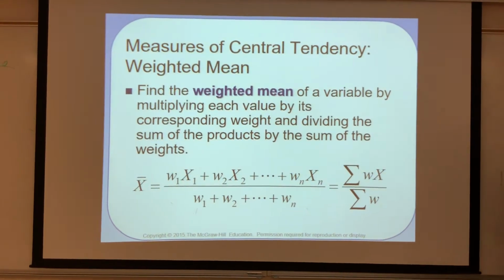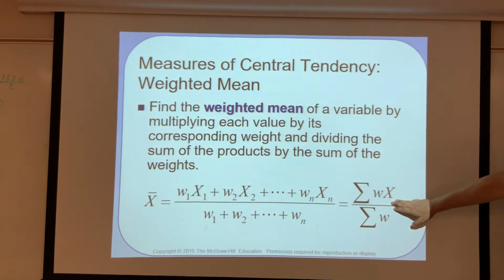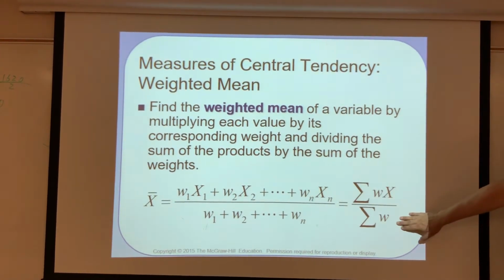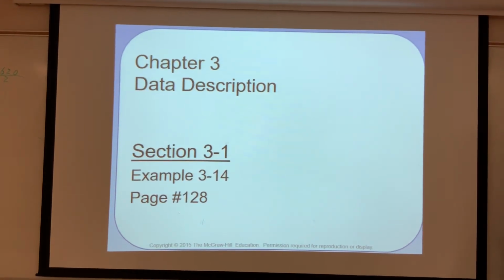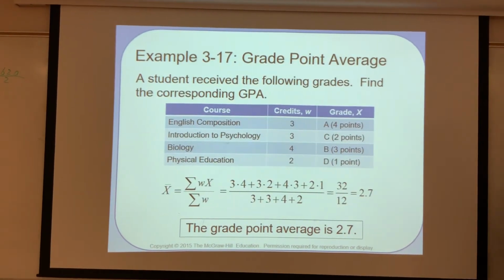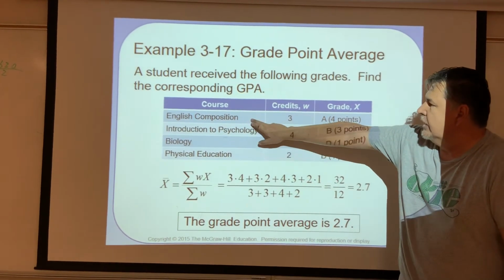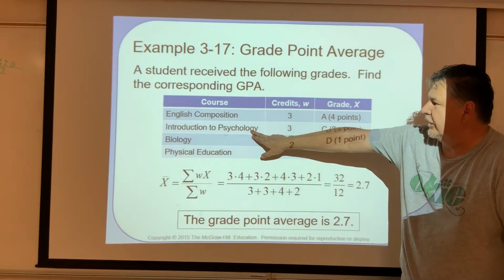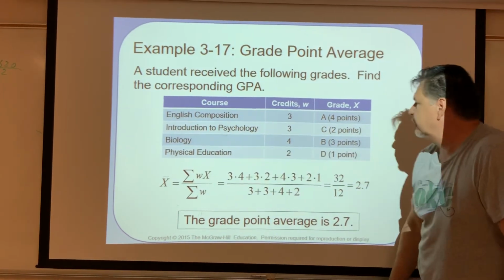And that doesn't make a lot of sense to some folks. Here is the formula for this. Let's make sense of it now. Let's talk about GPA. Now we can put this into a little table. We've got students who are taking English composition, intro to psychology, that's one of my favorites, biology, and physical education.